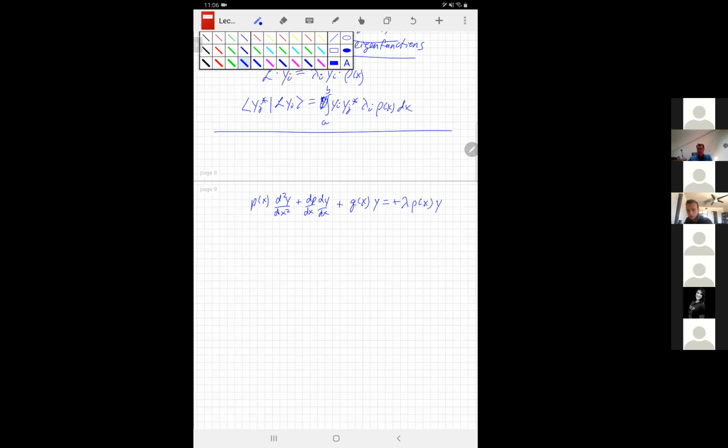That's how we have been writing a lot of these differential equations. It may not always be obvious that they are that way. Sometimes it is. We can rewrite all of this as d by dx of p of x dy dx plus q of x y equals lambda rho y.